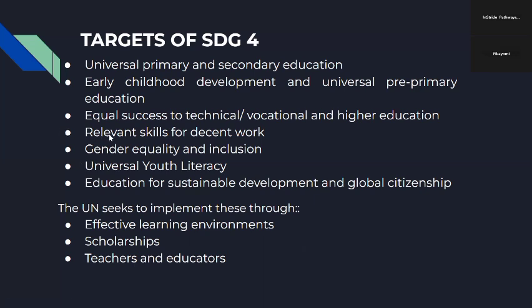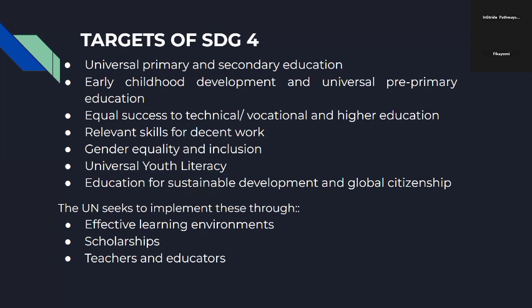Then another target is to equip people with relevant skills for decent work, gender equality and inclusion, universal youth literacy, education for sustainable development and global citizenship. Then the UN seeks to implement this through effective learning environments, scholarships, and then good teachers and educators.